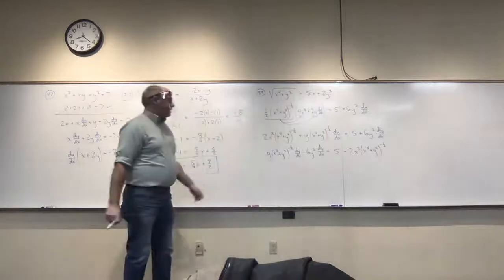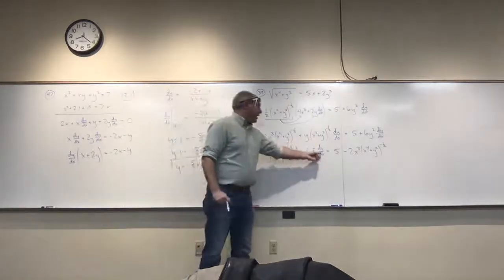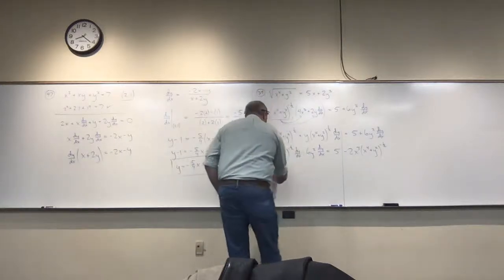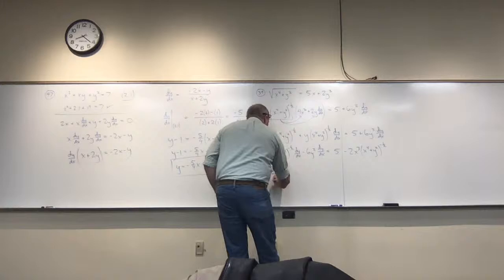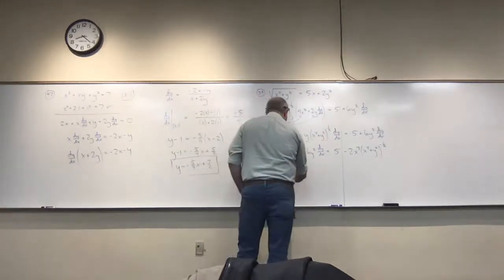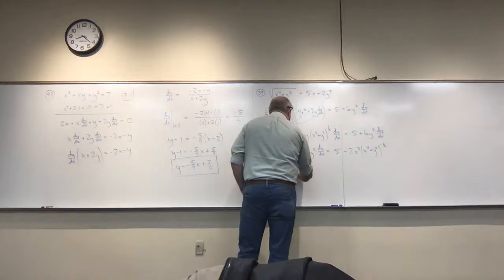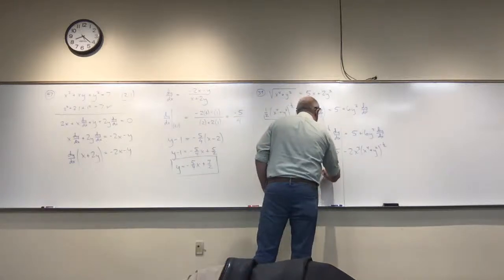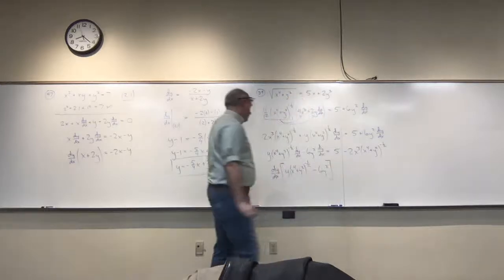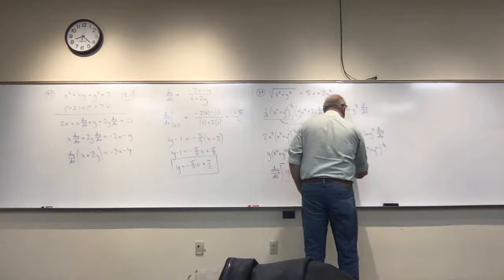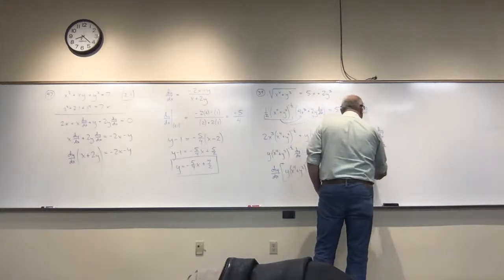The reason I want to do that is now I can factor a dy/dx out of the left side. Okay, so let me do that. So I have dy/dx times, and what's left over is I have y times (x to the fourth plus y squared) to the negative 1/2 minus 6y squared equals, and the other side stays the same.